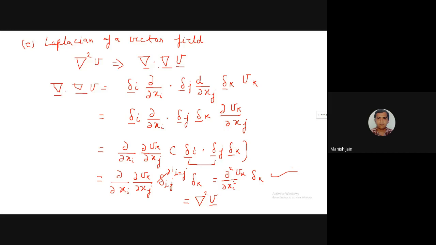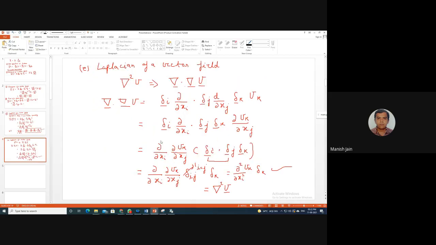These operations have very specific use in physics as well as in chemical engineering. When you derive the mathematical model for transportation, then you will find this type of expression.